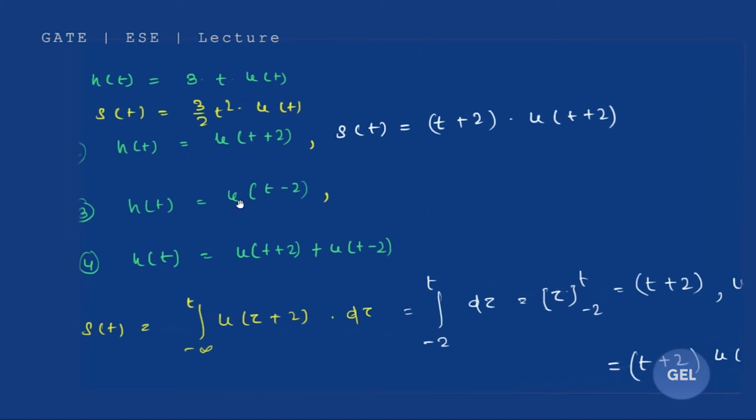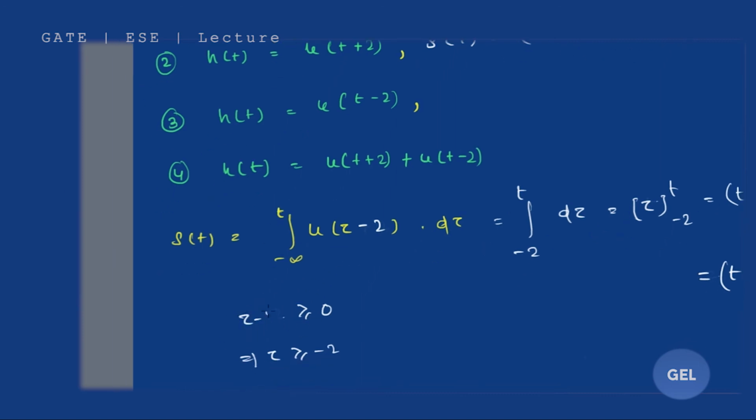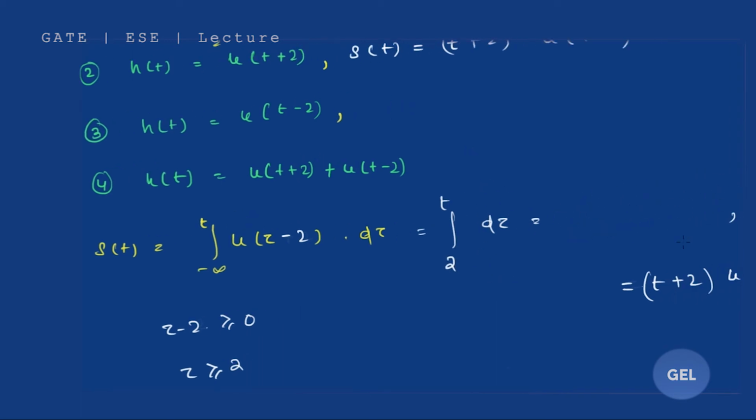Similarly, if you find out for this one, the integral of tau minus 2 d tau, that means tau minus 2 will be greater than or equal to 0. That means tau will be greater than or equal to 2. That means this limit will be defined from 2 to t. Correct? So if you find out 2 to t, that means t minus 2.